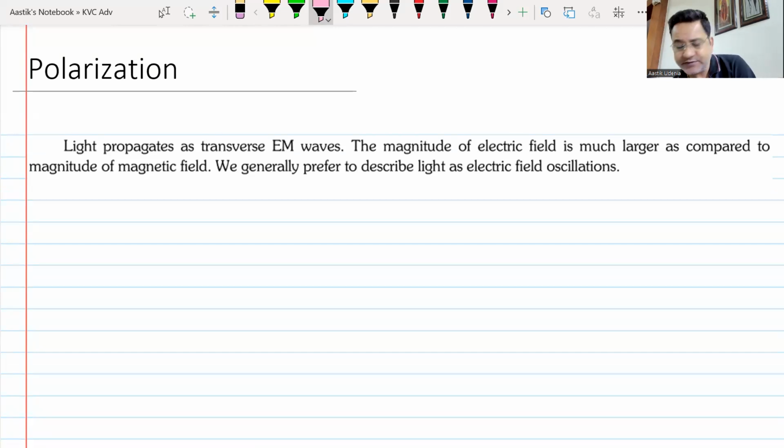In case of light, the name of the chapter is Polarization of Light. In case of light, the magnitude of the electric field is much more as compared to the magnitude of the magnetic field.